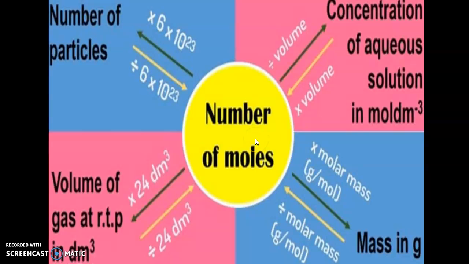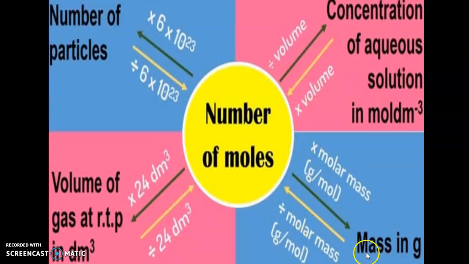Similarly, if the number of moles is given and you want to calculate the concentration of an aqueous solution, you divide the number of moles by the volume. And if you wish to calculate the number of moles from the given concentration, you multiply by the volume.